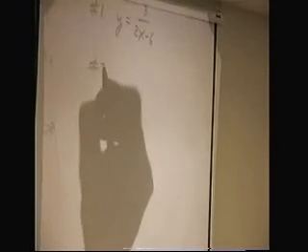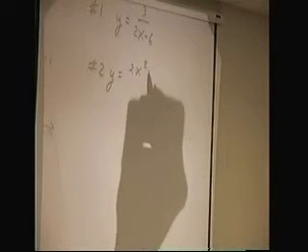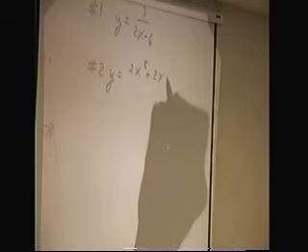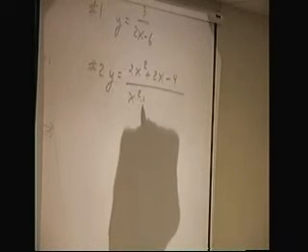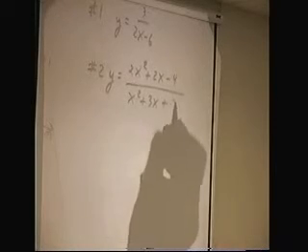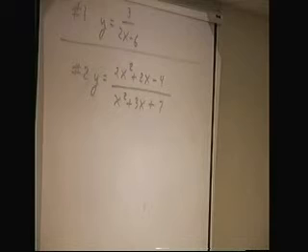And number 2, y equals 2x squared plus 2x. Make sure you take some graph paper with you. Try and do a really good job on this and practice approaching those.